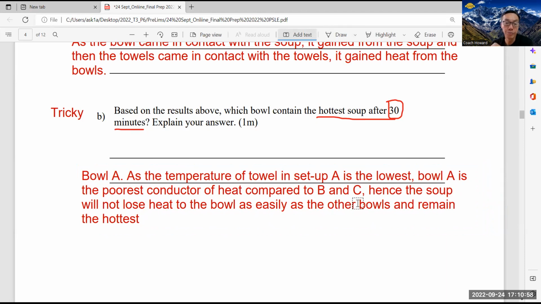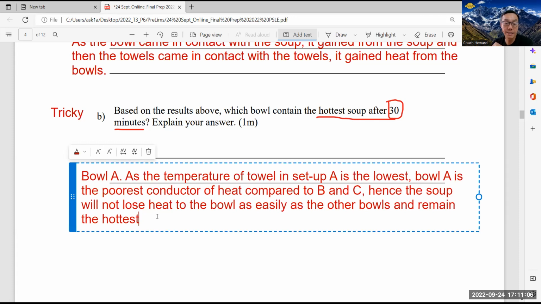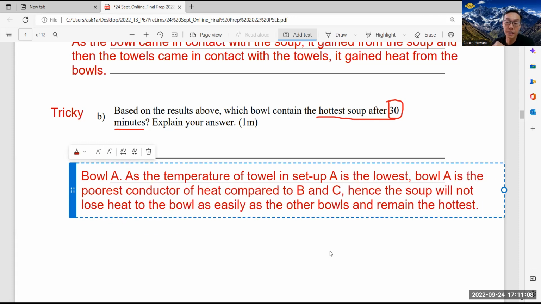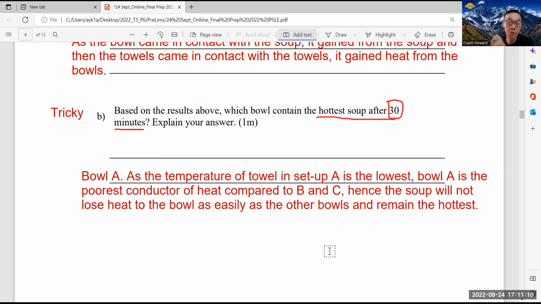Hence, the soup will not lose heat to the bowl as easily as the other bowls and remains the hottest. Or you can say, hence, the soup in bowl A loses heat slowest. Okay, losing heat slowest means it will retain the highest temperature. So this is a tricky one. So you do take note of these two questions.